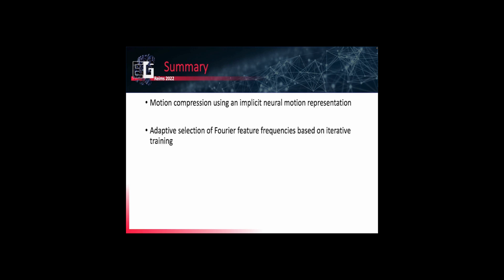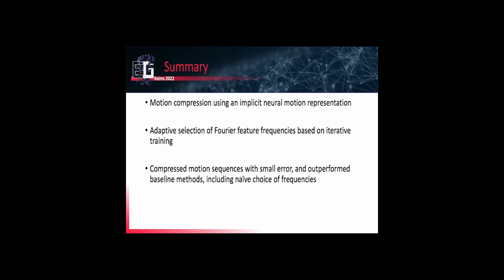Here, let's sum up the talk. We present a motion compression algorithm using an implicit neural motion representation. And technically, we present an adaptive selection of Fourier feature frequencies based on iterative training and a DCT of the residual of the training loss.